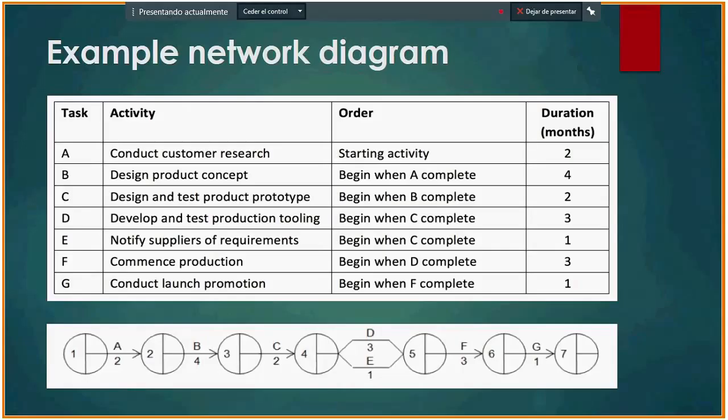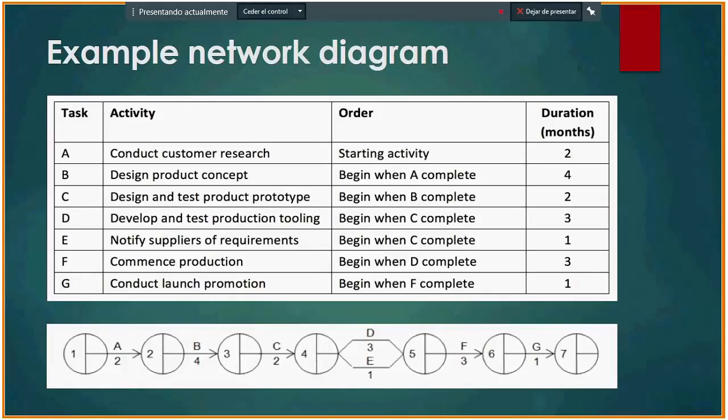Order, for example, starting activity, and task B begins when task A is complete.